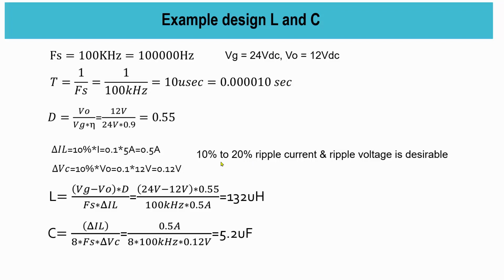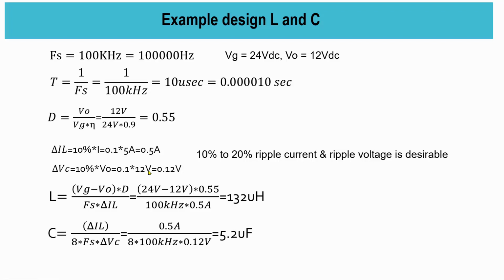In this case, I choose 10% of the load current. If my load current is 5 amps, my ripple current will be 0.5 amp. And for the ripple voltage, if I choose 10% and multiply by 12 volts, my ripple voltage will be 0.12 volt.